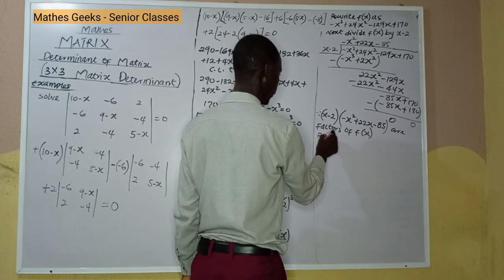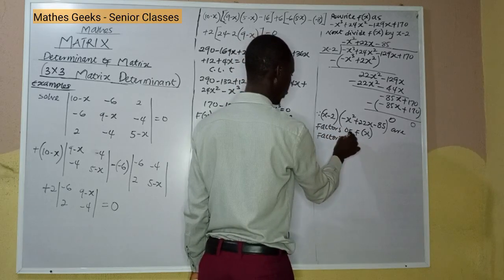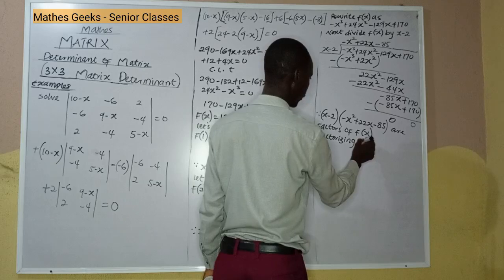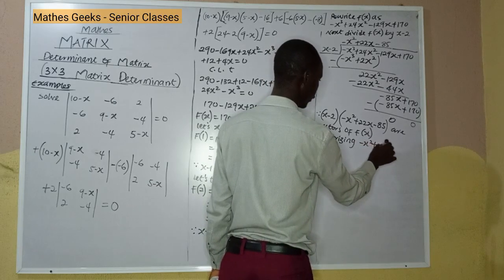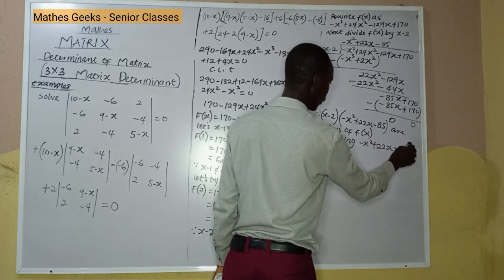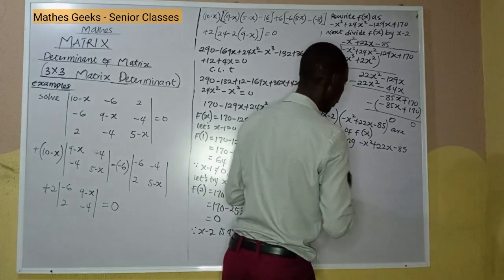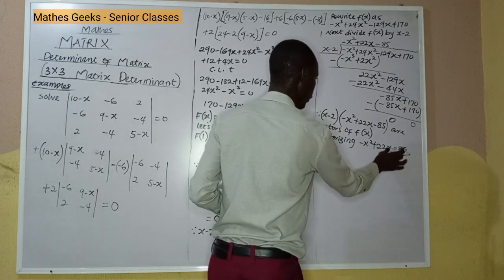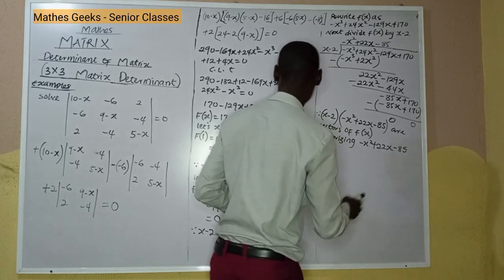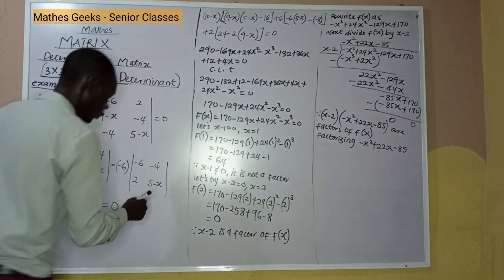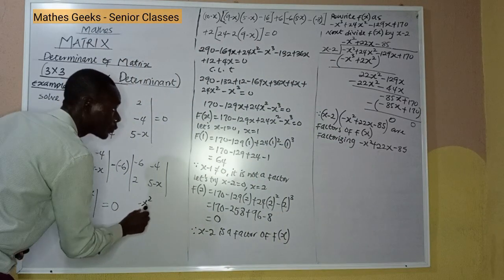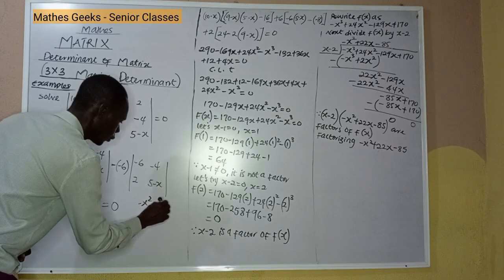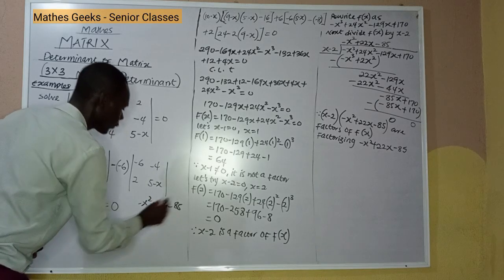We're factorizing minus x squared plus 22x minus 85.